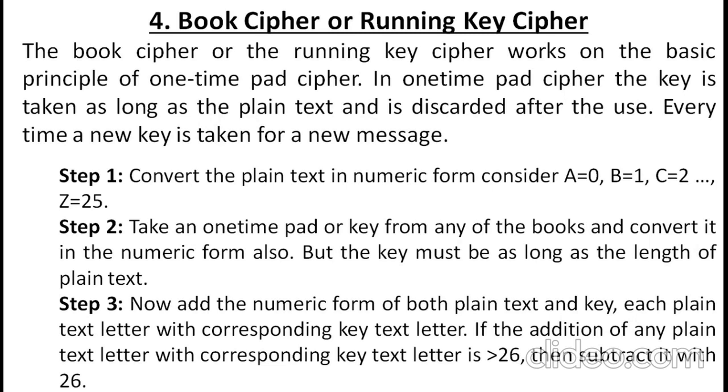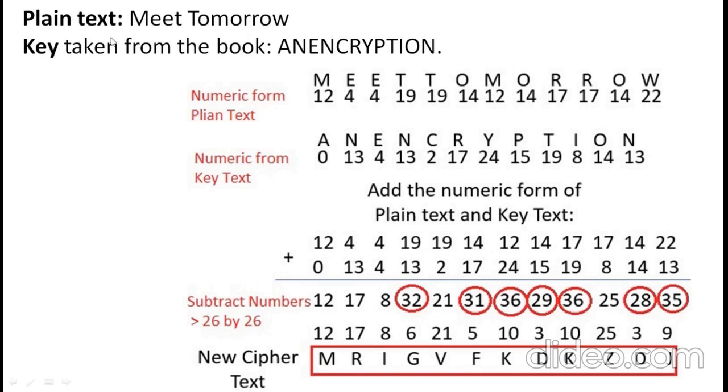Okay, now I will show you how it works. By seeing this you will clearly understand. The plain text is meet tomorrow, and the key taken from the book is an encryption. Now let us understand the numeric form of the plain text.